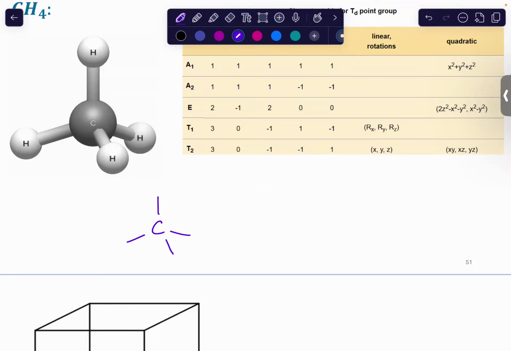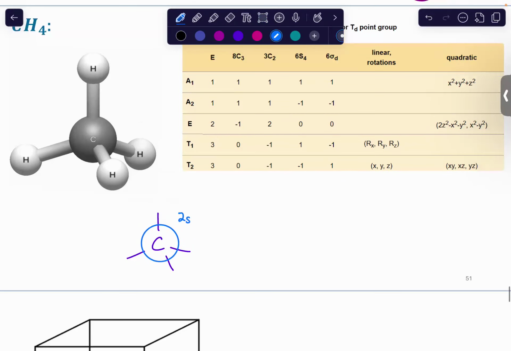Not really going to worry about the three-dimensional drawing. Okay, so there is going to be a 2s orbital. And what symmetry do you think that'll have? That'll be A1. Okay, now let's see how you handle this one.